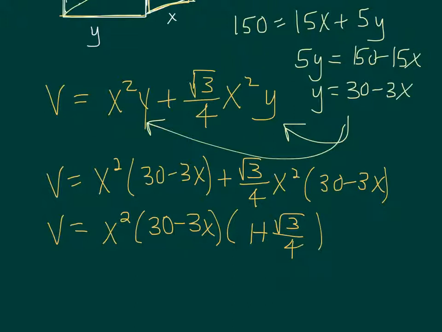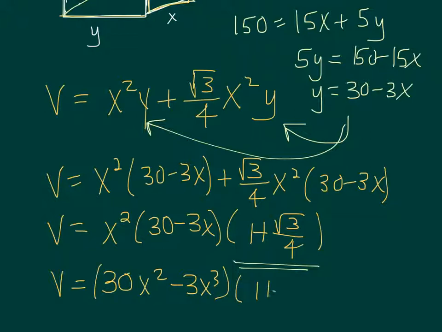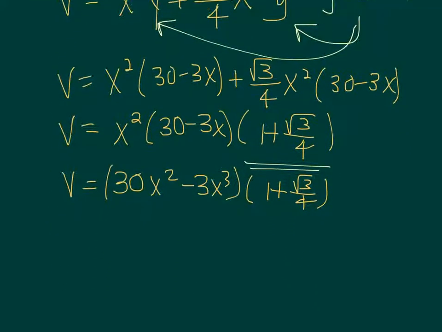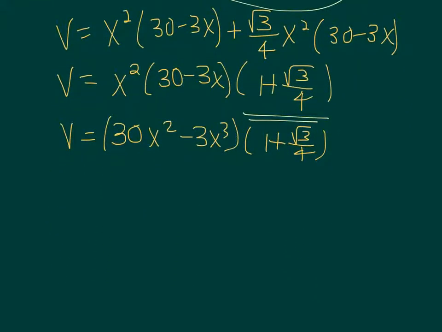The reason I'm doing this is because now this piece right here is just a constant, and when I distribute this piece over here, I just have a constant times a function, which is a much easier derivative to take.